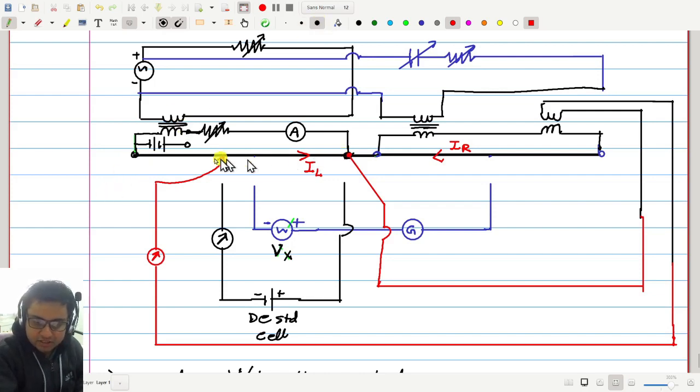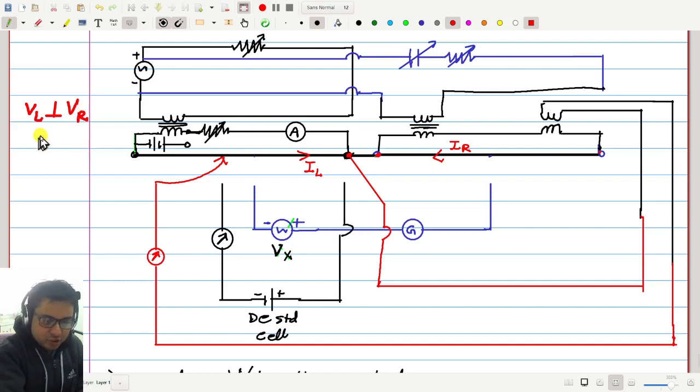Suppose this voltage is VL and this voltage from here to here is VR. Then we want VL and VR, the phasor angle between them, to be 90 degrees, perpendicular.